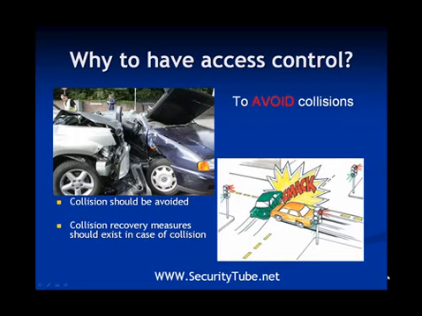In the second picture the collision has happened; even if there are traffic rules and traffic signals, by some means the collision has happened. Now there should be some protocol so that a collision recovery mechanism is there, and after a collision the next collision will be avoided. So access control is to avoid collisions, and if a collision happens, it also provides some recovery mechanism.